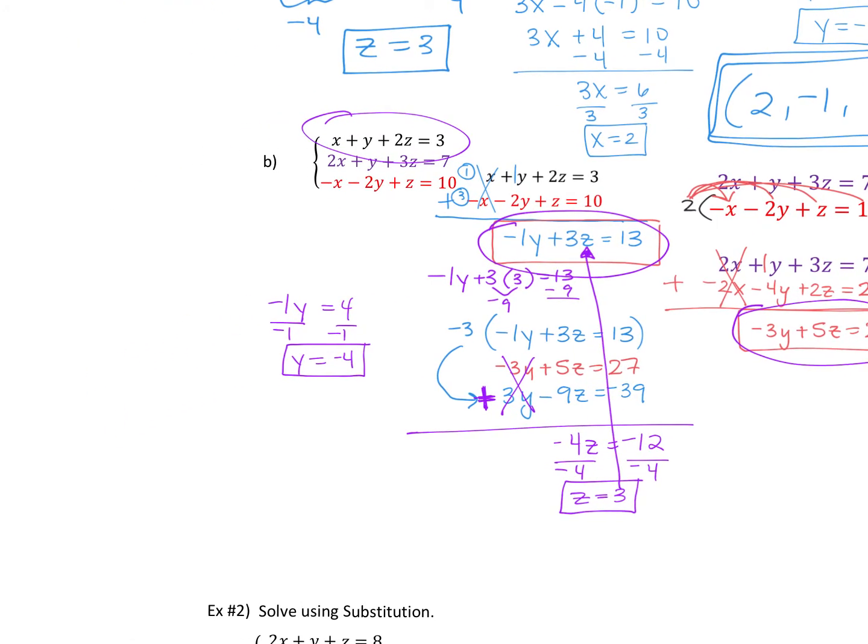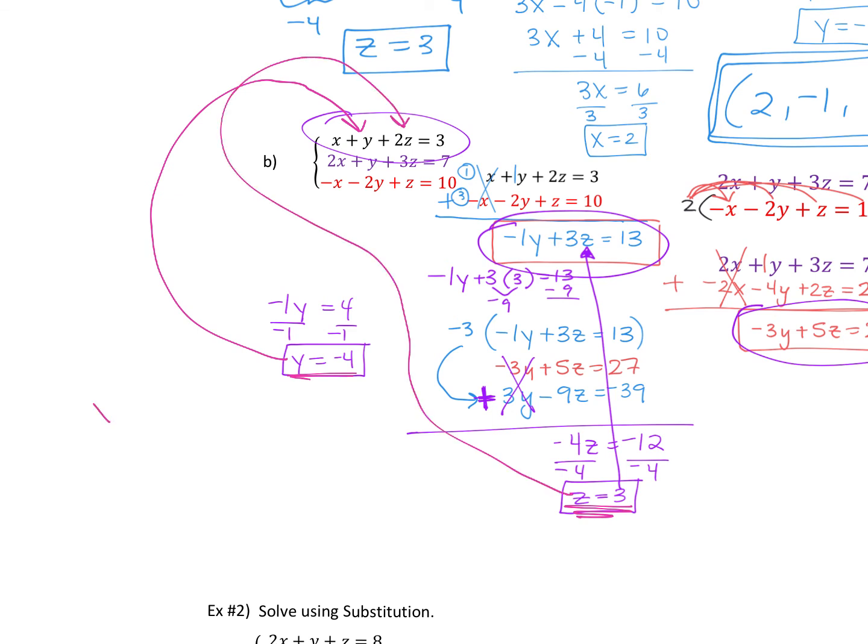So you have -4 and 3. I'm going to plug those two into this first equation. So it's x plus -4 plus 2 times 3 equals 3. So this is x. -4 plus 6 is a positive 2, so x plus 2 equals 3.